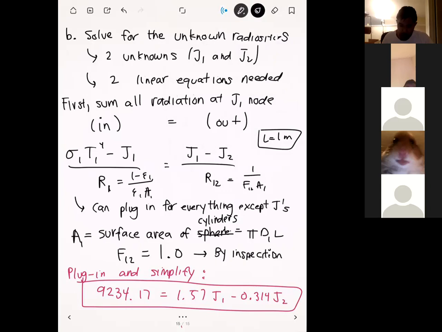Okay, so now let's sum up everything around the J2 node. Let me just draw the J2 node here.